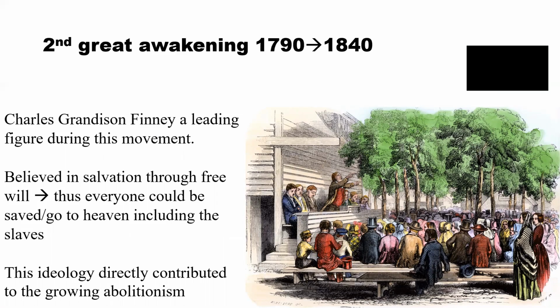That's the theme of equality for all human beings, regardless of their race. This is also important because it contributed to the growing abolition movements. And in the image, you can see a Black preacher speaking to American citizens.